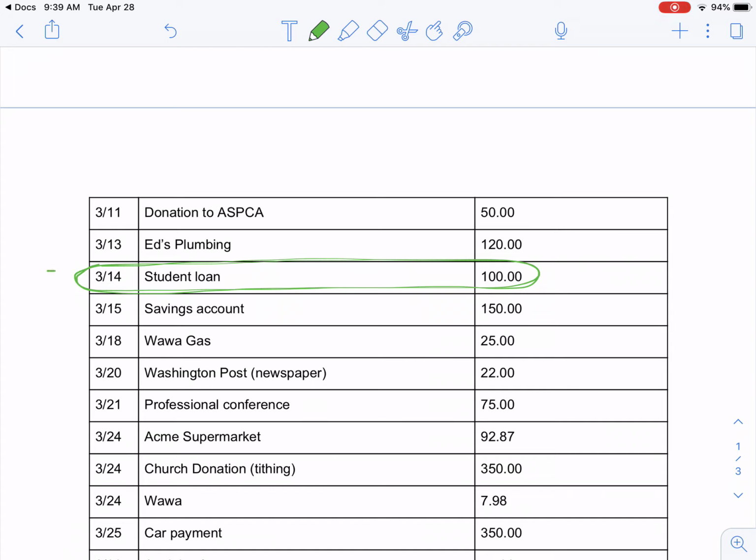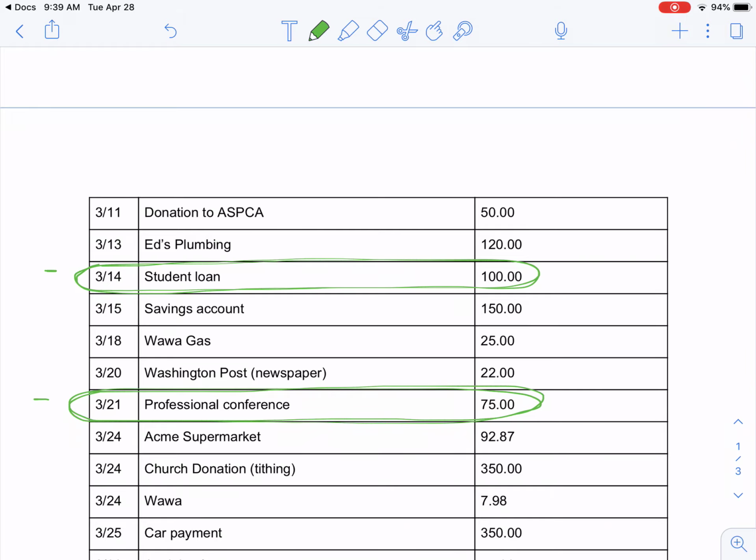In addition to this, they also went to a professional conference. This could be considered an education opportunity, something to learn for their work. So we are going to add that into student expenses because it's considered education.